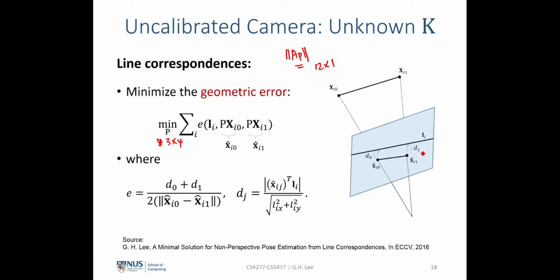Both of them should be as small as possible. And once d0 and d1 are 0, what this means is that the line that is formed by the reprojected endpoints would be lying exactly on the observed line, and this is the ideal case that we want. So in other words, we want to minimize the two errors over here.